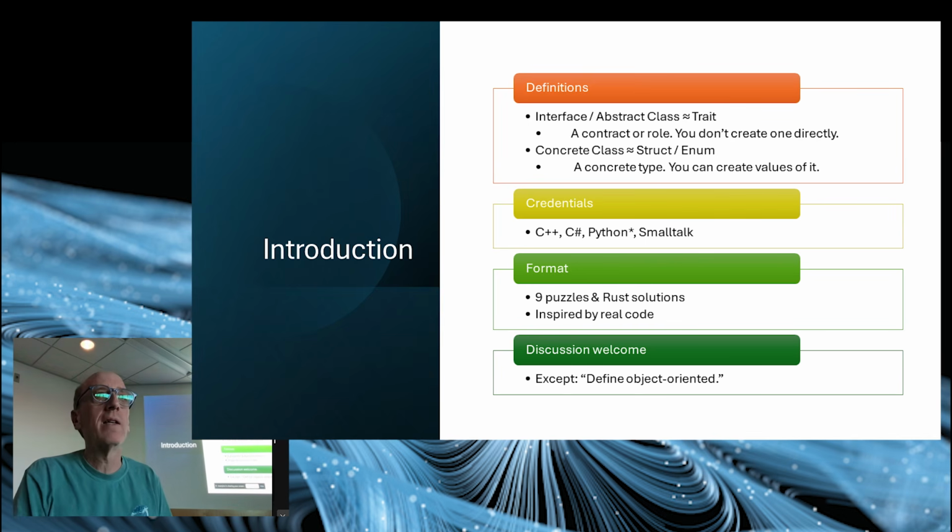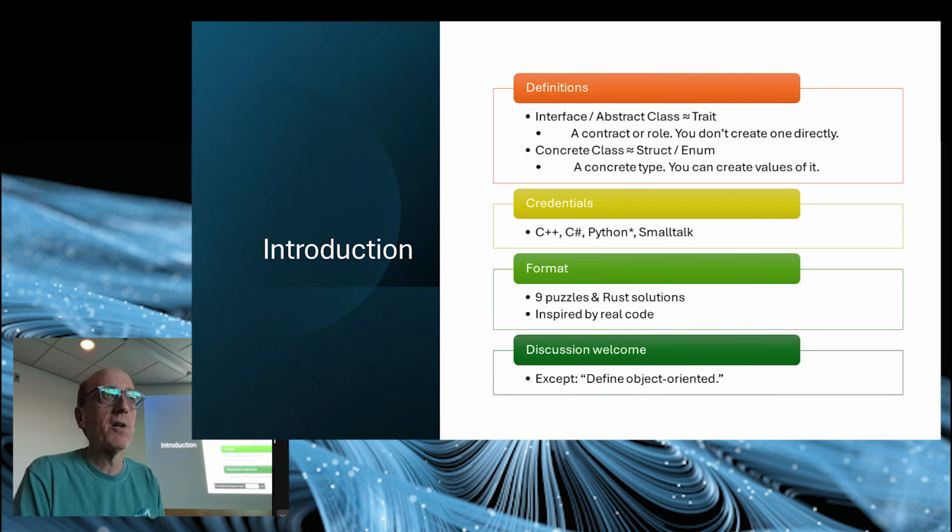It's not a struct or an enum that you can actually have a value for. A concrete class corresponds roughly to what Rust calls a struct or an enum. This is a concrete type. It's something you can create and have values of. Hopefully that'll be made a little more clear at the end, or you just have to play with it to get these concepts in your head.